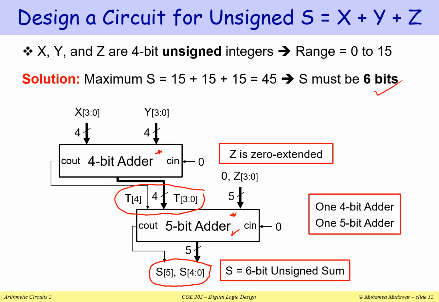So the block here consists of multiple full adders, but these full adders are connected. This is a ripple carry adder consisting of multiple full adders, but I'm drawing them as blocks to simplify the drawing. So now we are going to a higher level, designing a larger circuit using a 4-bit adder and a 5-bit adder, but these adders are made out of full adders.